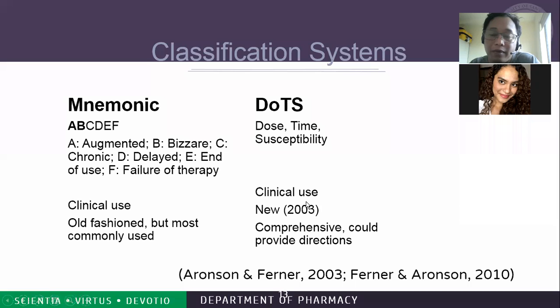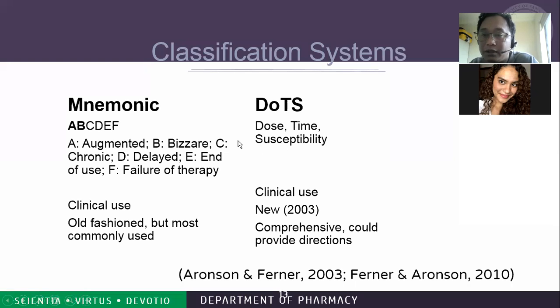So if somebody found adverse reactions, in this DOTS classification system, they're not just divided into A or B, but they look at it more comprehensively, using the difference in dose and then the time of reactions, the appearance of reactions, and also the susceptibility.